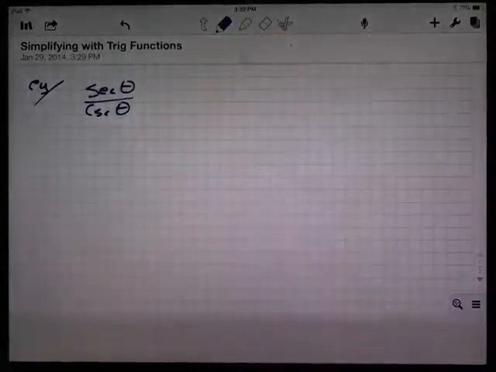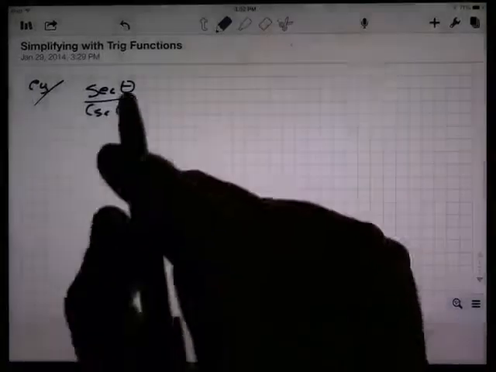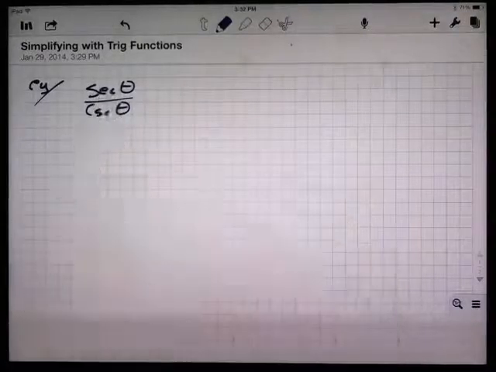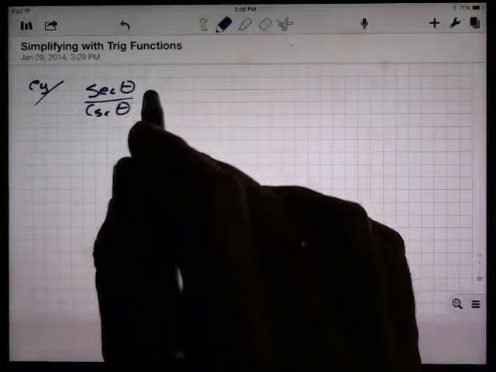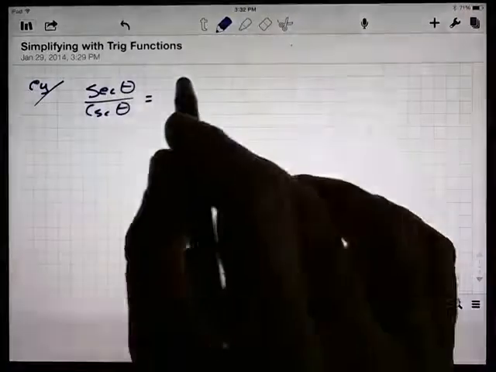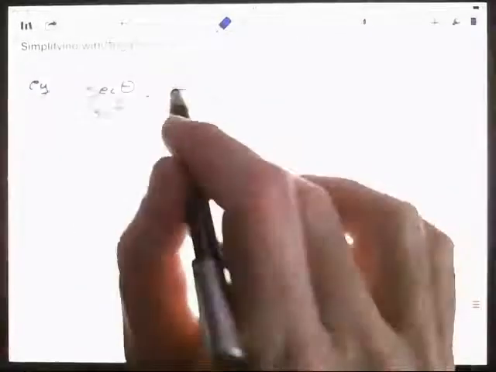First of all, when I was learning this, one of the basic things I figured out really fast was that the reciprocal identities and the quotient identities are your friends. I would, for instance, on this one, see secant and cosecant and say, oh my goodness, I'd much rather use sine and cosine. That is, I would much rather see this written as the secant is 1 over the cosine of theta, right?